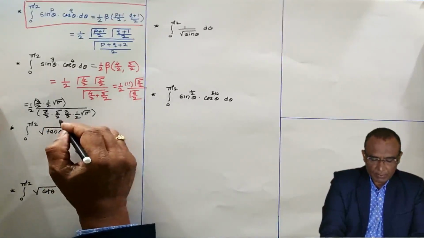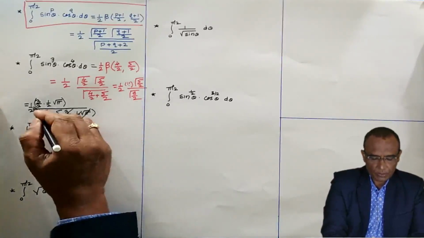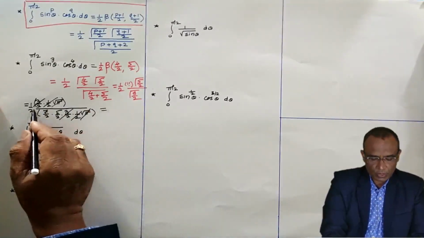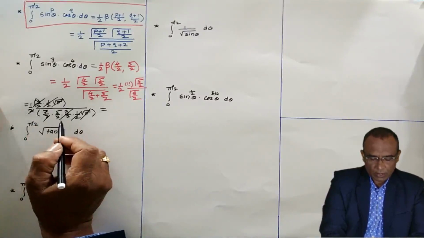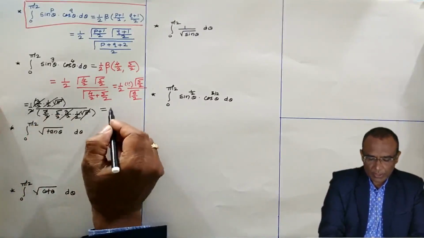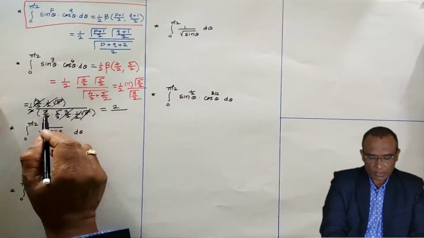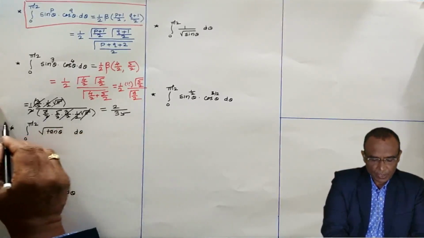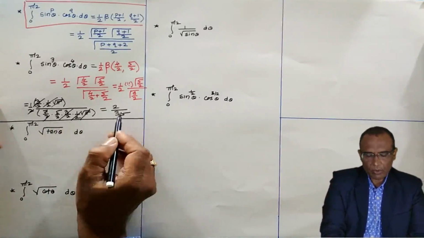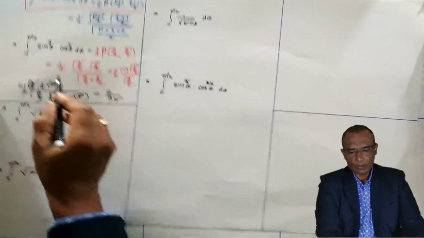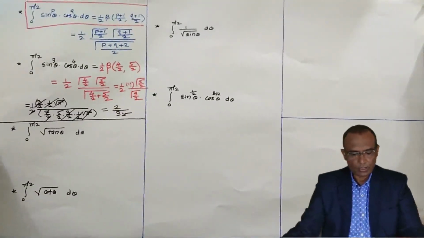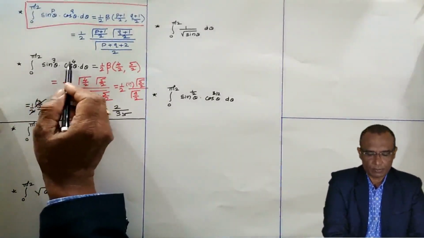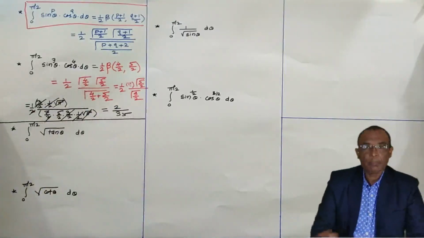And here 3 by 2, 1 by 2 root pi gets cancelled, and this 2 also gets cancelled. Now 2 will jump in the numerator, and 2 by 35, that is 7 into 5. This is the value of this integral. In examination, 3 and 4 may be replaced by any other constant. Remember.